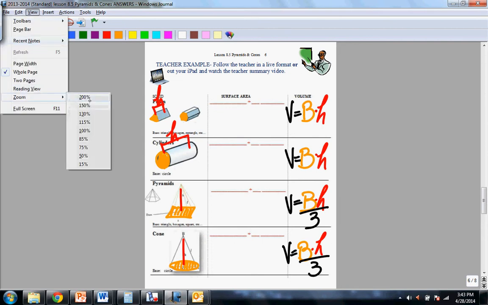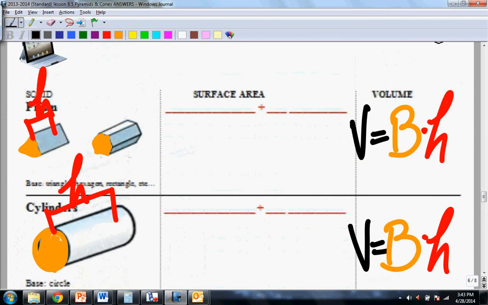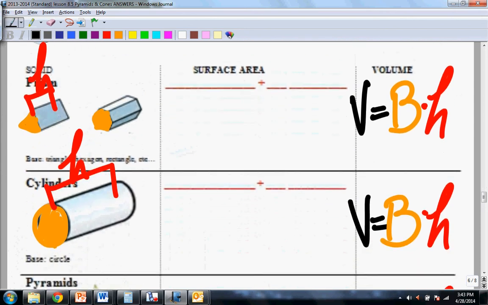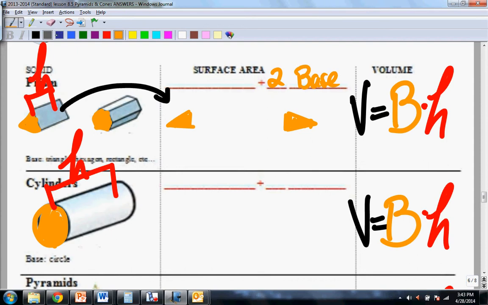Now for surface area, to find the surface area of this prism, all we would do is find the area of two bases, and then we'd find the area of the connecting rectangular faces.